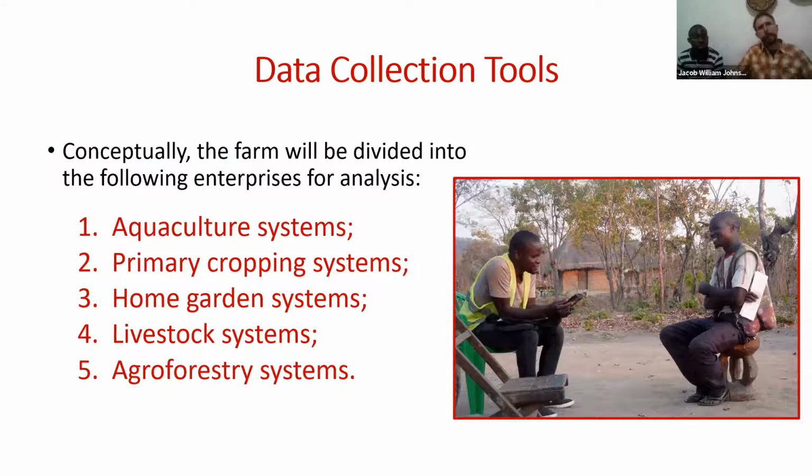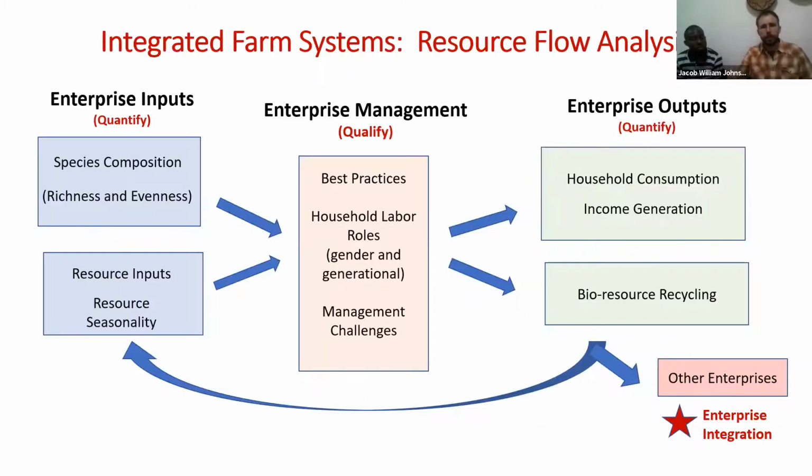And then conceptually, we're going to break down the farm into individual enterprises for analysis. And those farm enterprises will be aquaculture, of course. And then we'll also analyze primary cropping systems, home gardens, livestock, and agroforestry systems. So this is kind of like a resource flow analysis of how this questionnaire will collect data.